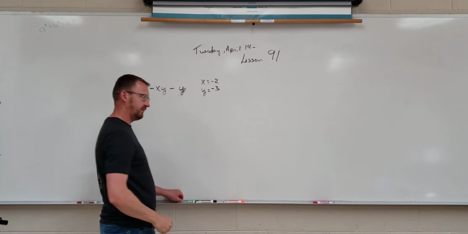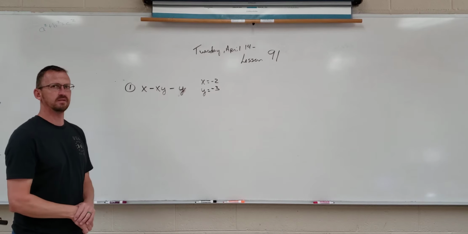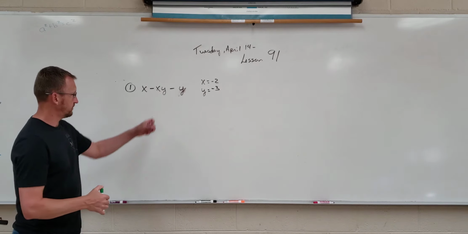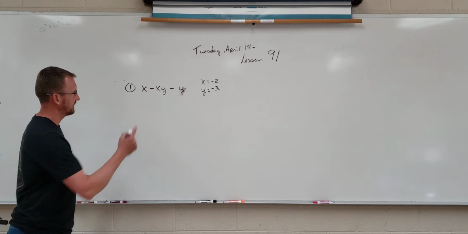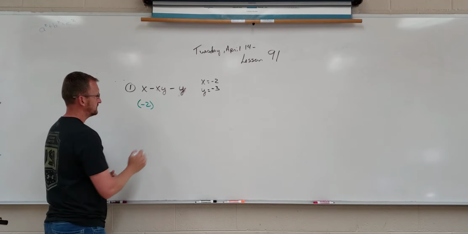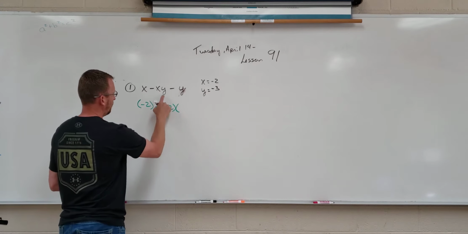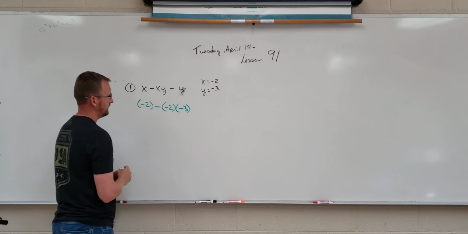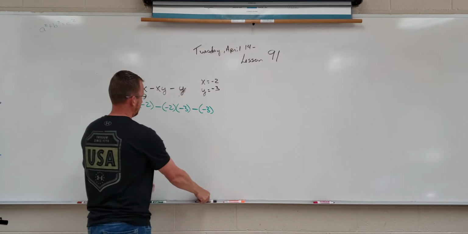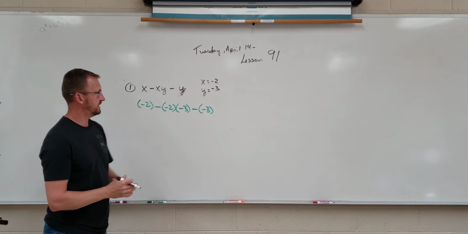Now, one of the other things that I told you a while back is when we are substituting these in, please make sure you put parentheses around them so that you know that you're multiplying, especially these two. For example, x is negative 2 minus, put a negative 2 in for this x, y, negative 3, and then minus a negative 3 again. So we have substituted x and y with negative 2 and negative 3.